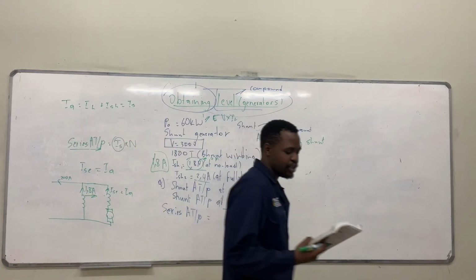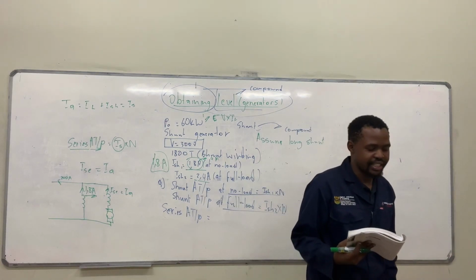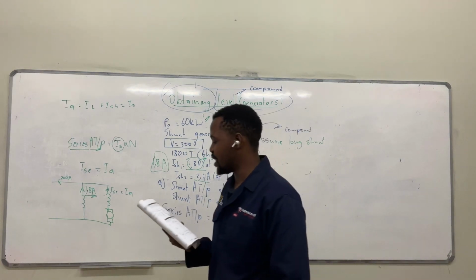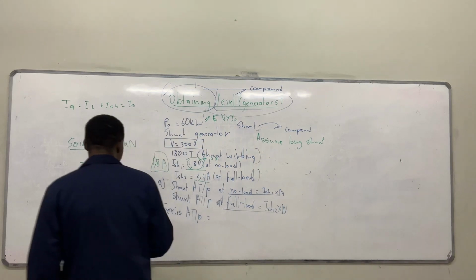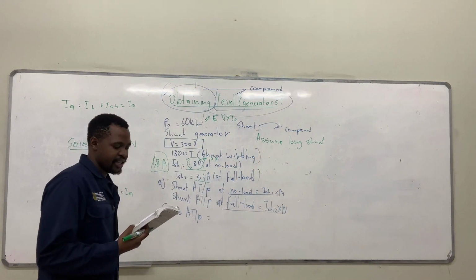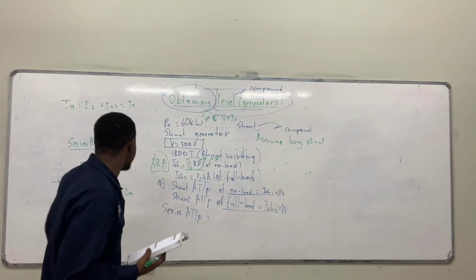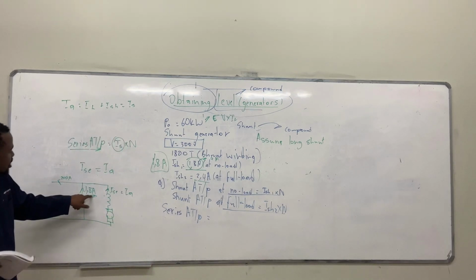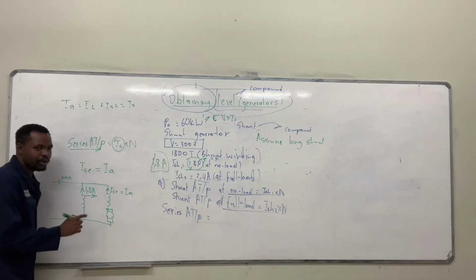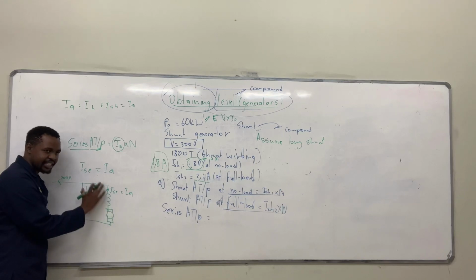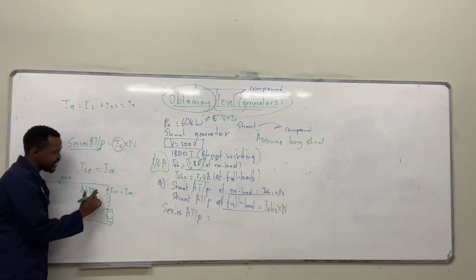So there is no need to change the shunt field current, because the series ampere turns ensure the constant voltage.